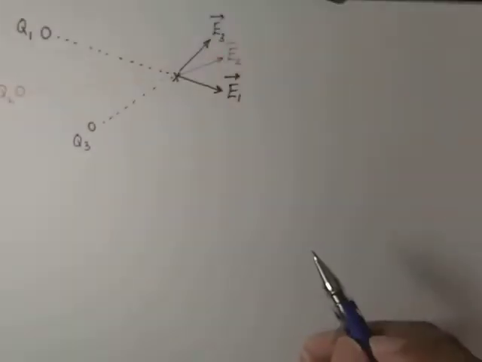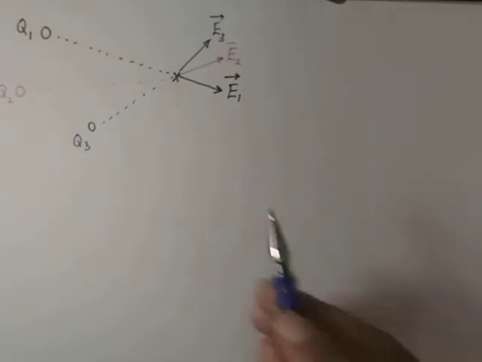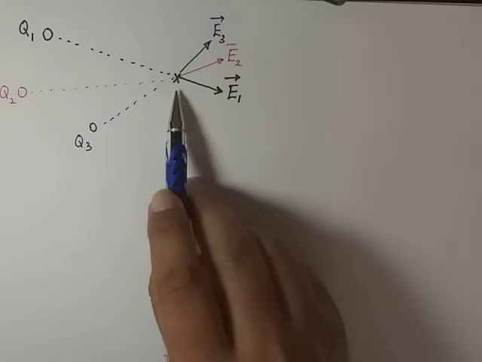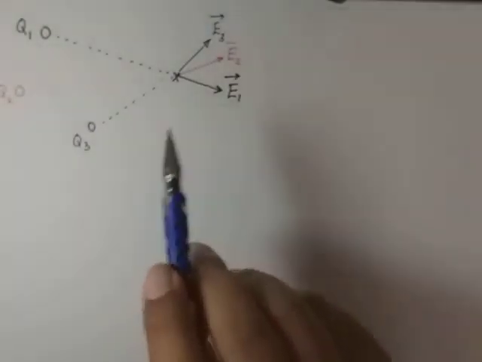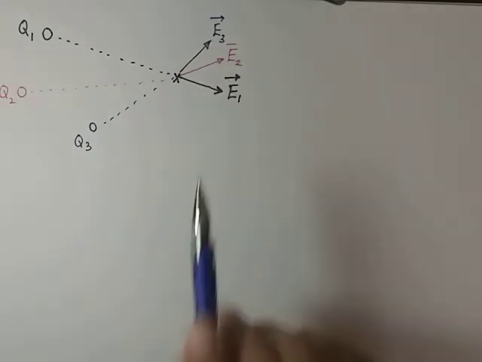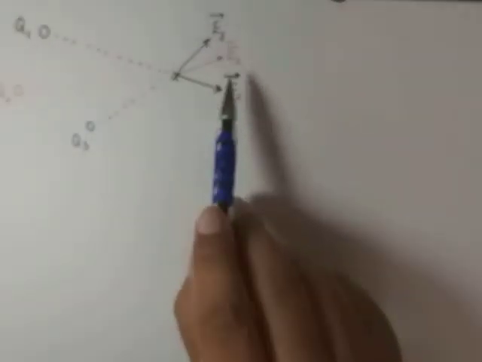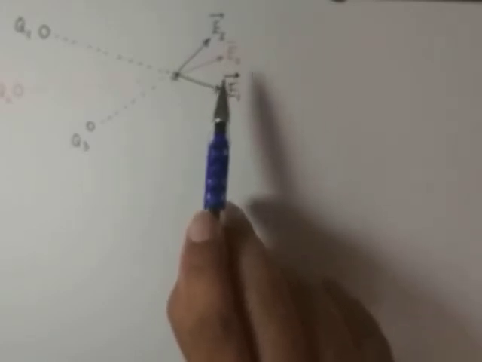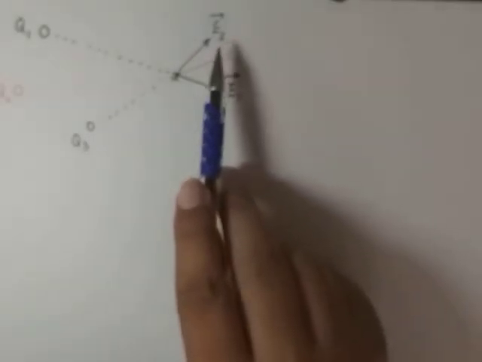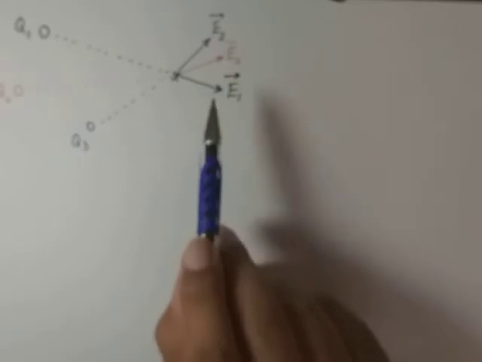Okay, so now, if I'm being asked to find what should be the total electric field at this X location due to this many sources, I just need to sum all these electric fields together. And since all these electric fields are vectors, I have to take into consideration the magnitude as well as the direction carefully.